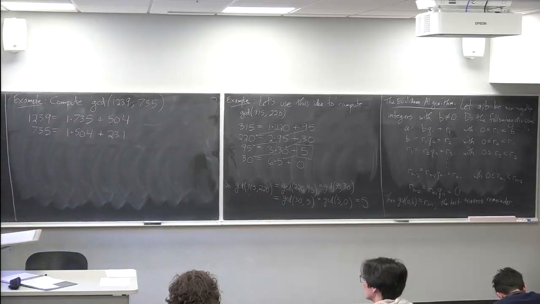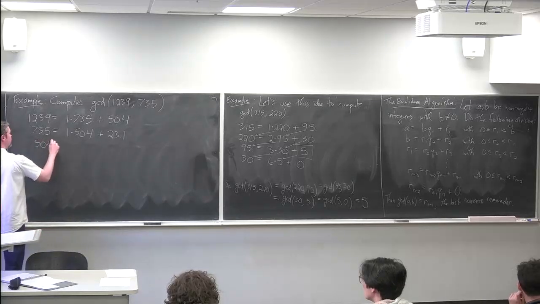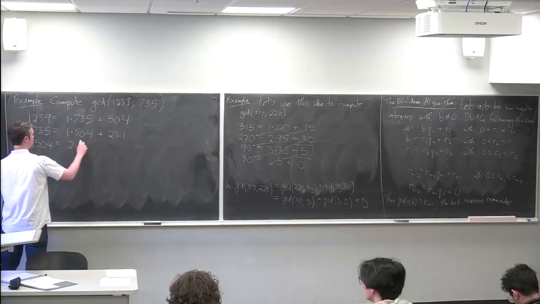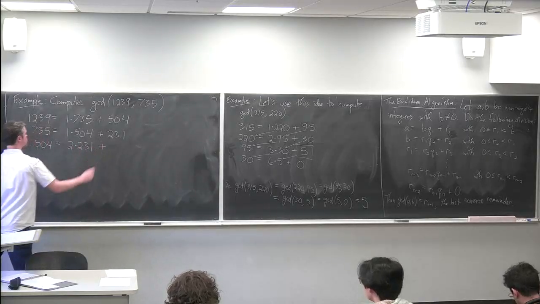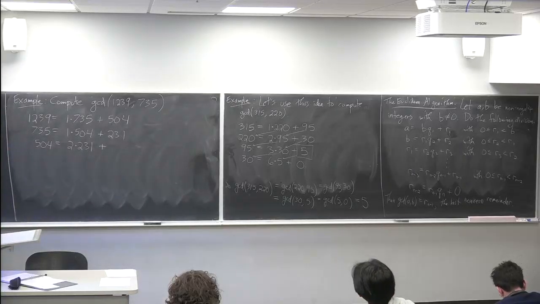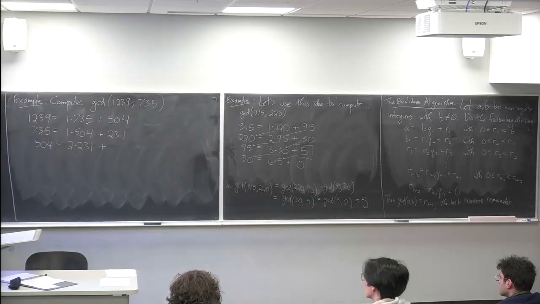Okay, and then we do some more division. Take 504, we'd like to divide 231 into it, which should go in twice this time. Twice that is 462, and I believe what's left over is 42.